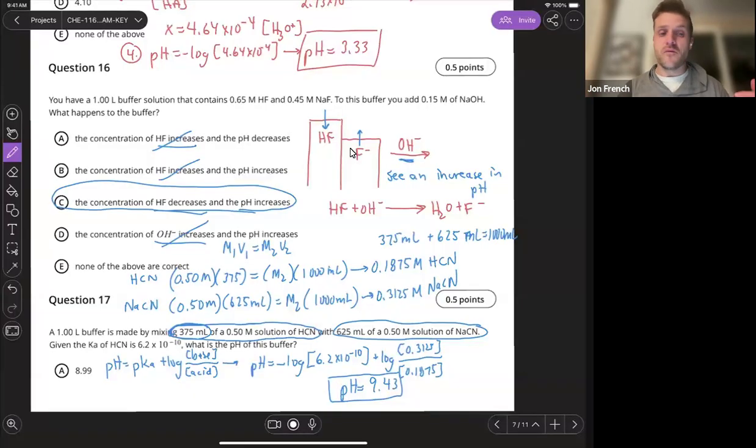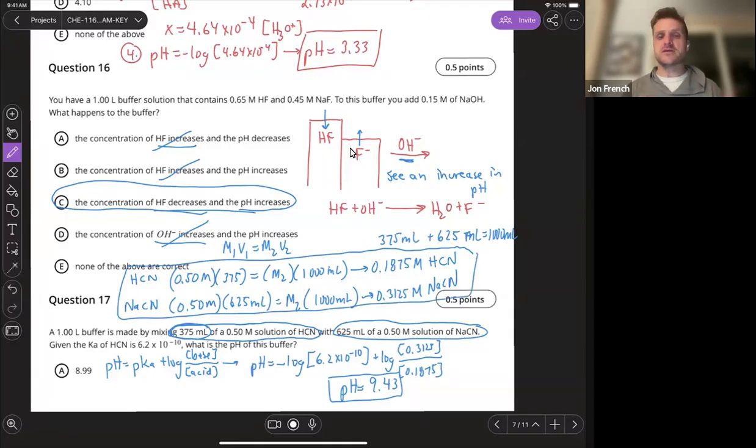So for this question, question 17, you probably won't have both parts together. It would probably be more just like the second half of this. I give you the concentrations and ask the pH. I don't ask you to find the concentrations. So I think part one takes a little bit of time.